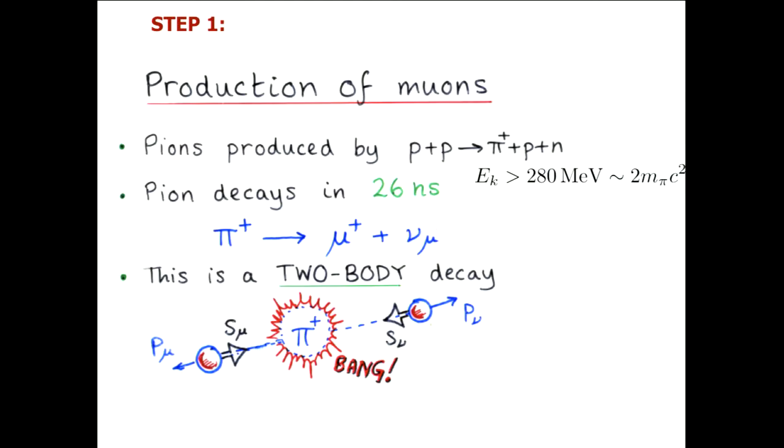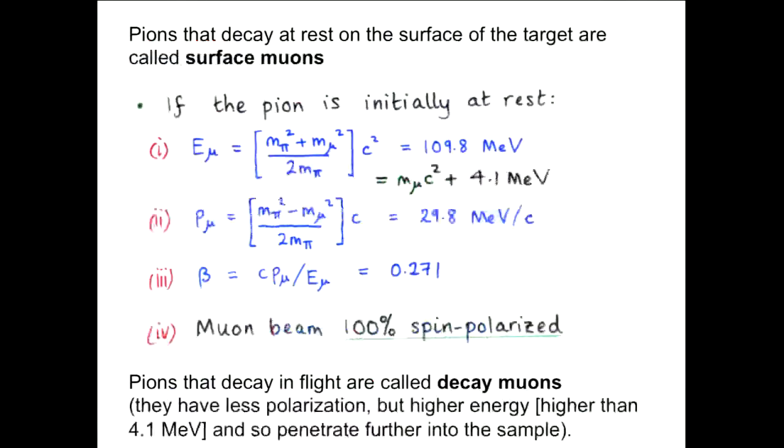Now there's a strange quirk of particle physics, which is that the spin of a neutrino is always anti-parallel to its momentum. Therefore, the muon has to do exactly the same but opposite, so its momentum goes off in the other direction. And because the pion has zero spin, the spin of the muon is also anti-parallel to its momentum. So this is hardwired into the experiment.